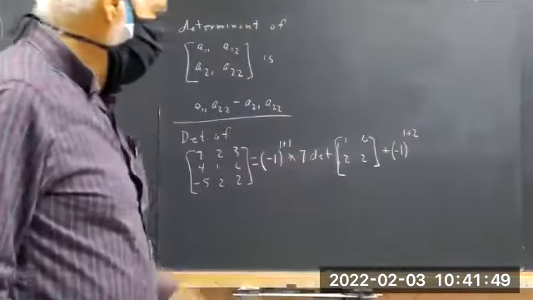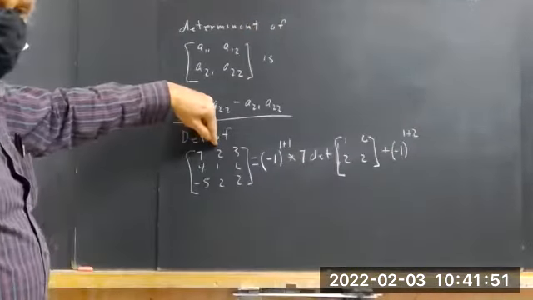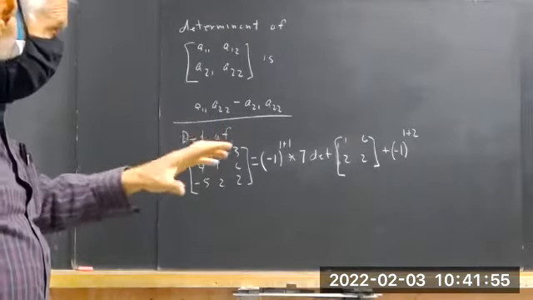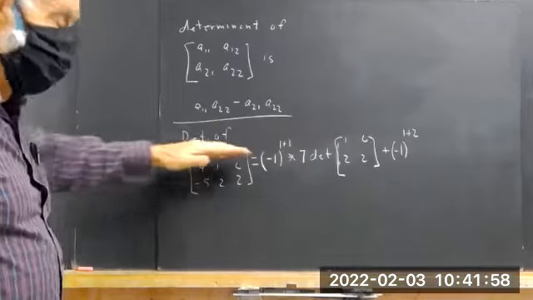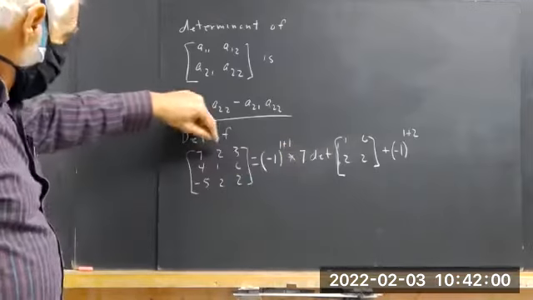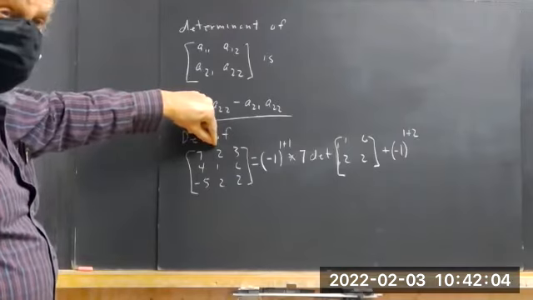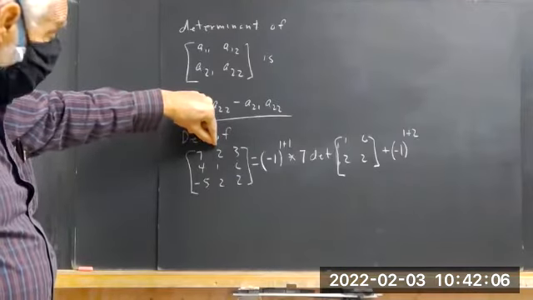I do -1 to the 1 plus 2 because I'm going to use the second number in the first row. So what I'm doing is I'm expanding this determinant on the first row. Okay, so the next number in the row is 2. It's the 1, 2 element, right?